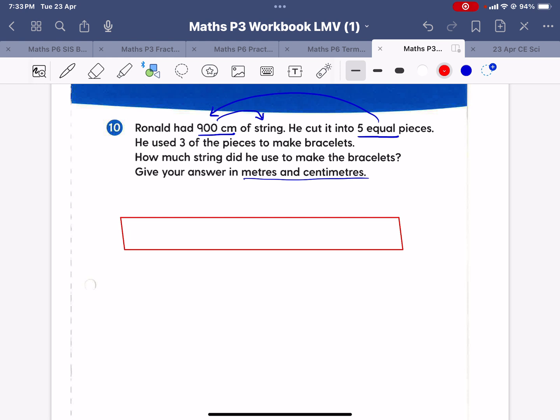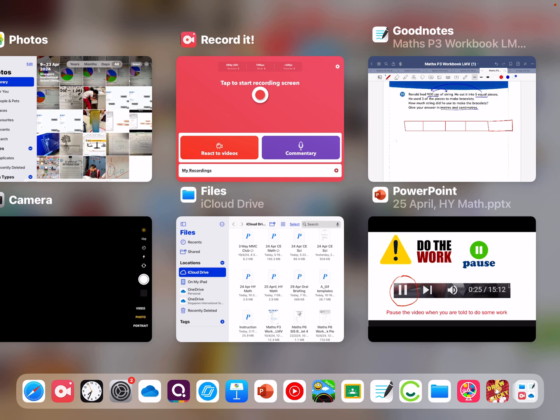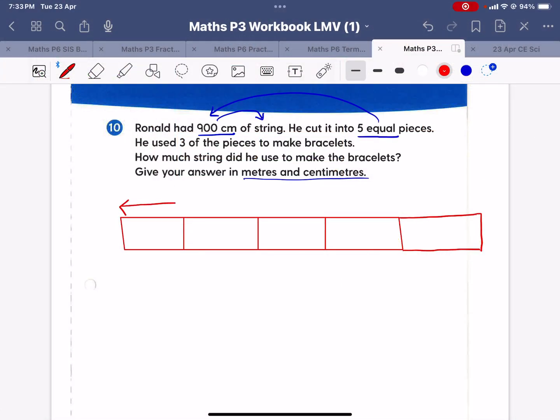Most of you will already have an image in your head where you will break this into 5 equal parts. Let me try to redo it so that it's more equal too. Let me draw out one more. So these are 5 equal parts, and based on what we know, this is 900 centimeters.